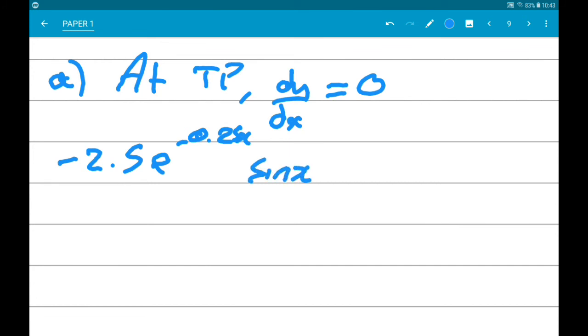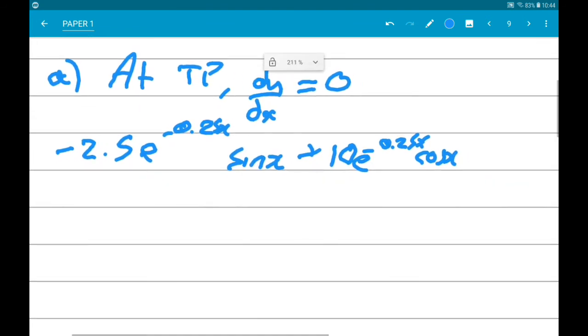So that's the first term, and then we differentiate sine x and not the exponential. So sine x goes to cos x, so we get 10 times the exponential times cos x. Now that we are setting equal to 0.